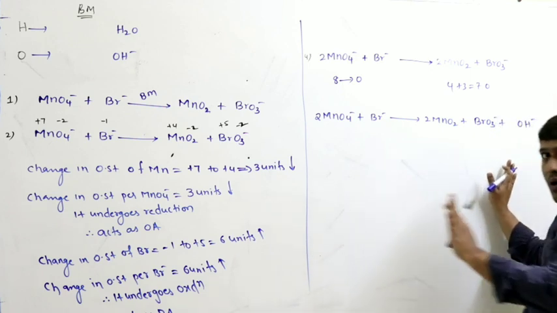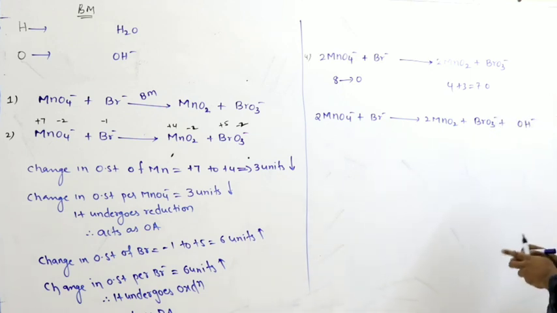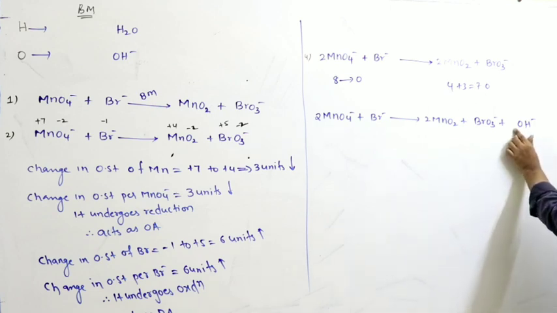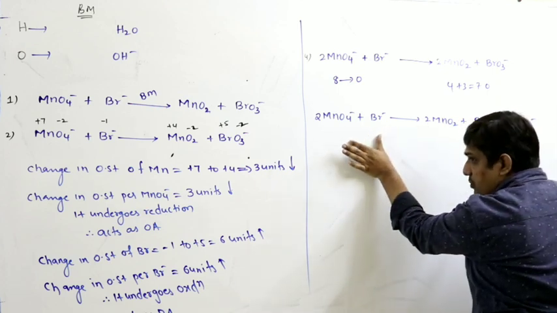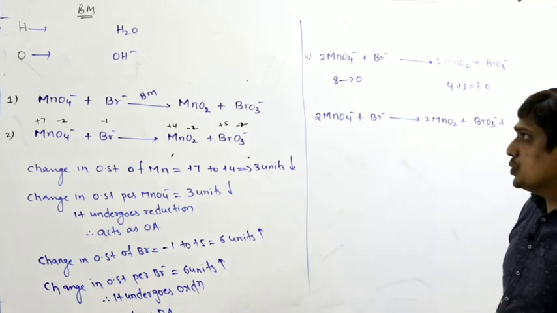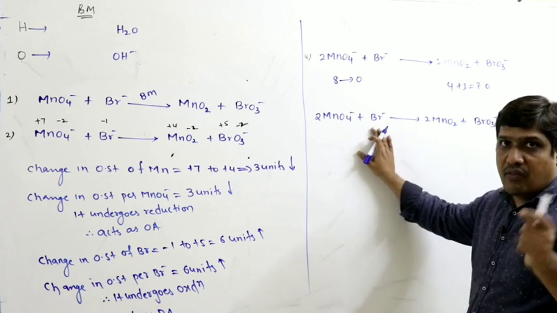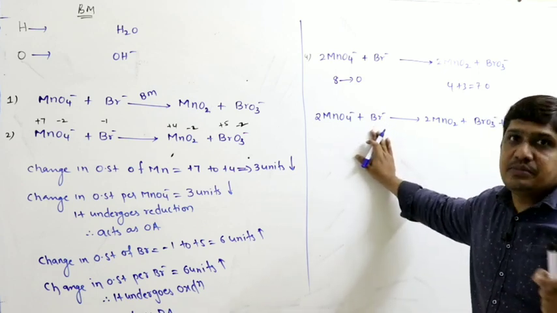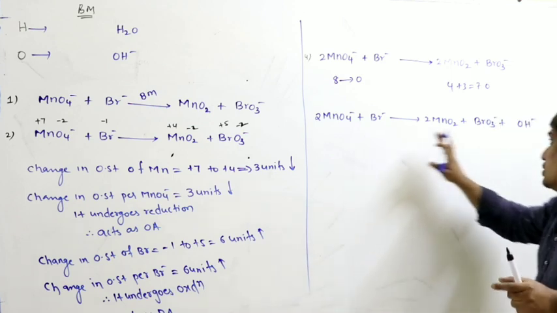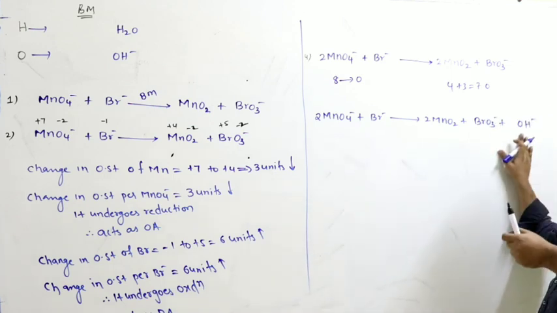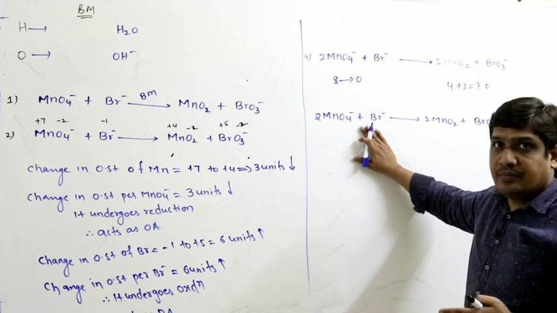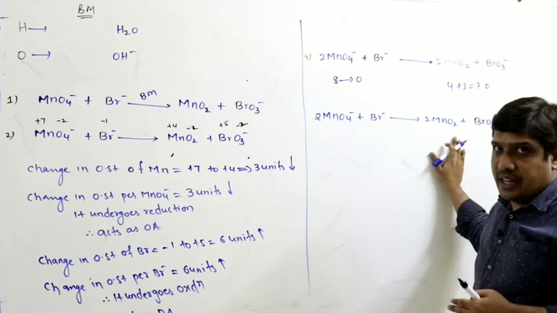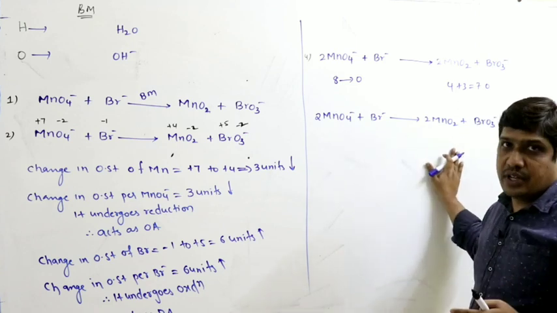Therefore, to avoid this repetition, add 1 molecule of water on the same side, and 2 molecules of OH minus on the opposite side, for every excess of 1 oxygen. Here you have 1 oxygen atom excess, therefore add water here. On the other side add 2 OH minus. For 1 water you have to add 2 OH minus.